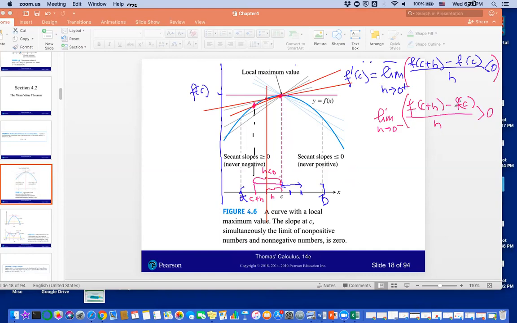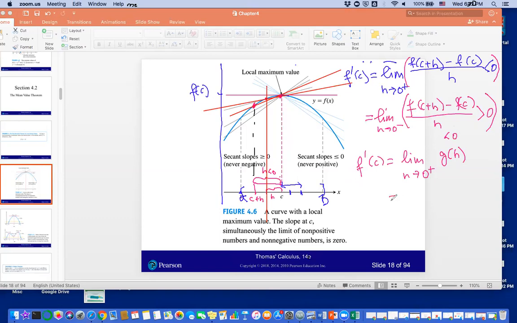But here, we have this funny situation going on, okay? So how can this be? Basically, I have this one number, f prime at c, equal to the limit as h goes to 0 from the right of one function of h, and this function is negative.